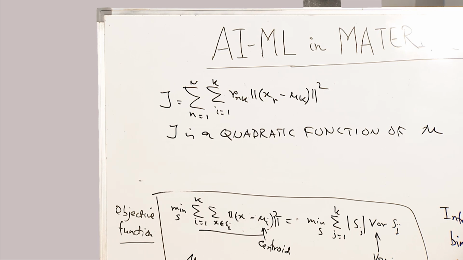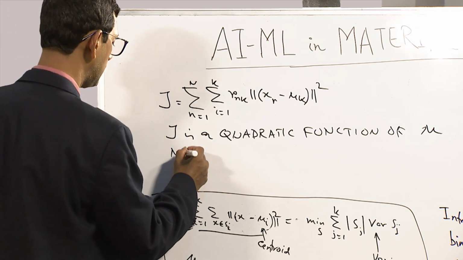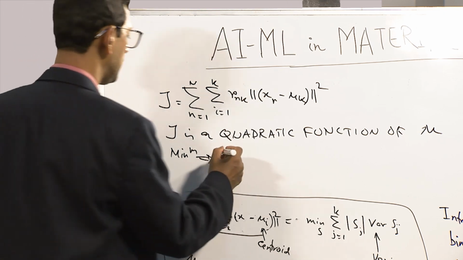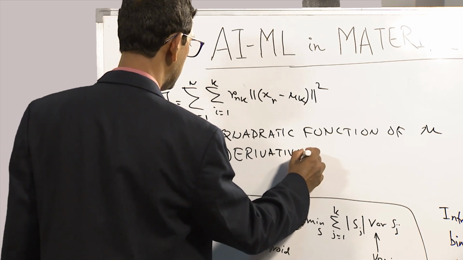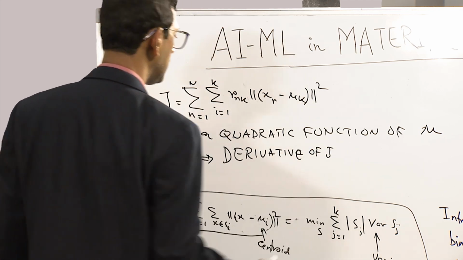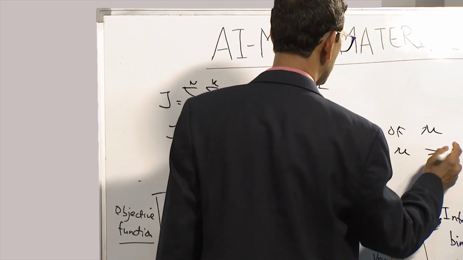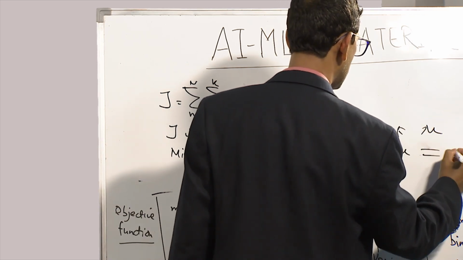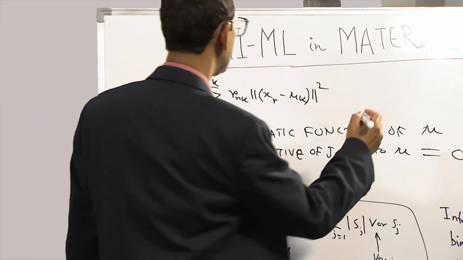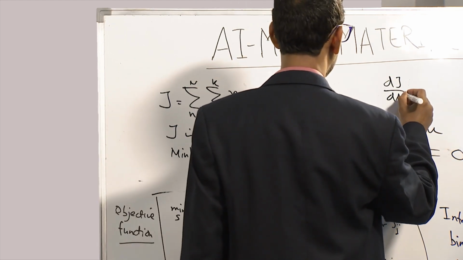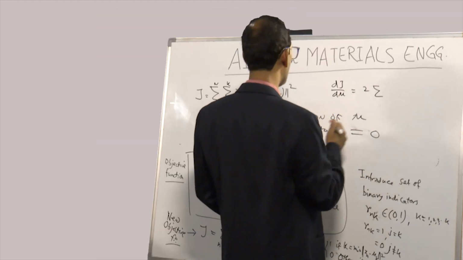So, when it is a quadratic function of mu, how do you find the minimum value? Basically, you find the minimum simply by setting the derivative of J with respect to mu to 0, right. So, if you take the derivative of J, this will be 2, and r_nk obviously we have taken as 1.